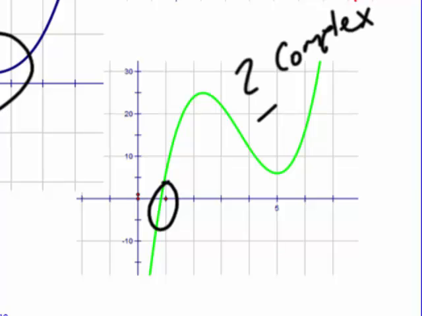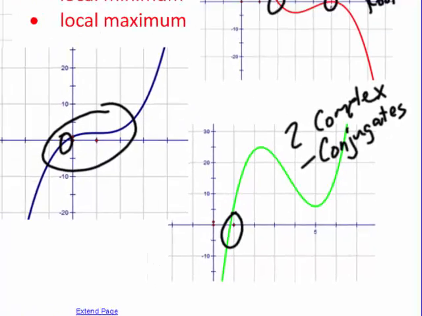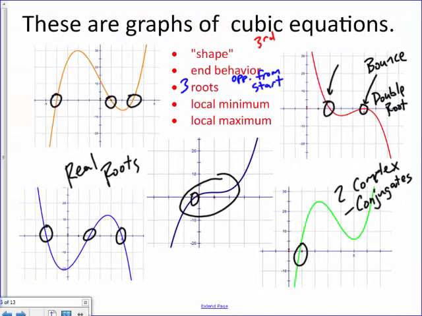And the one thing that we know about these 2 is that they're going to be conjugates of each other. I proved that back in our section 5 notes when we looked at complex numbers, when I did that one on the parabola. If they're complex, they always come as 2 roots that are conjugates.